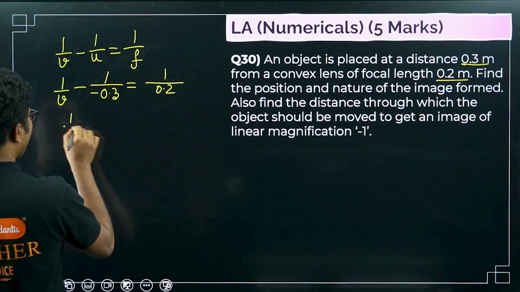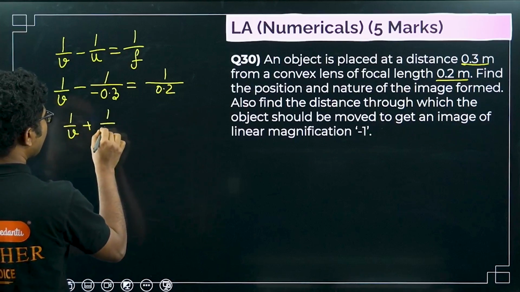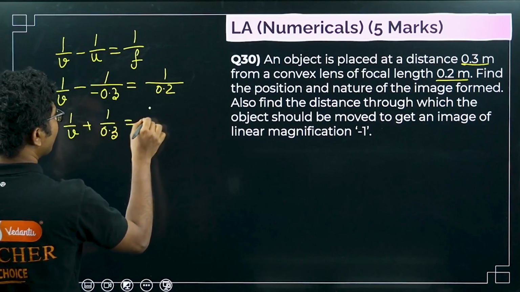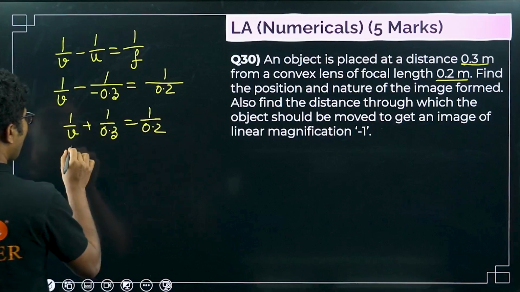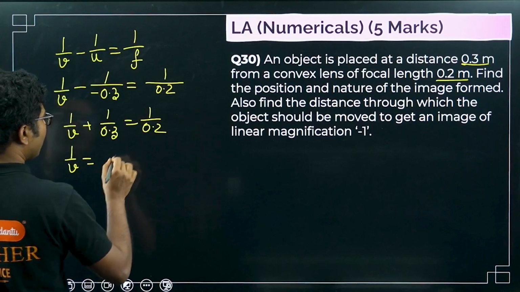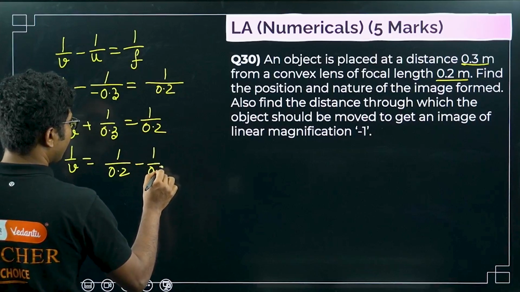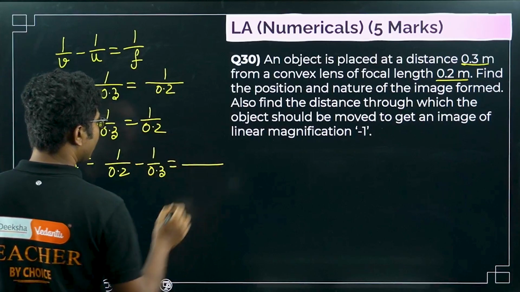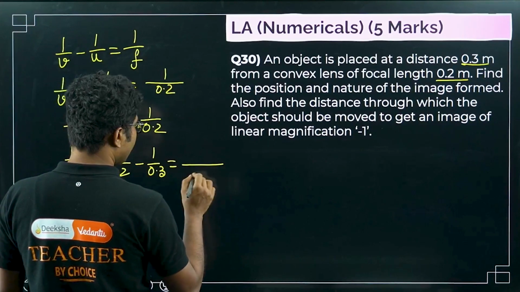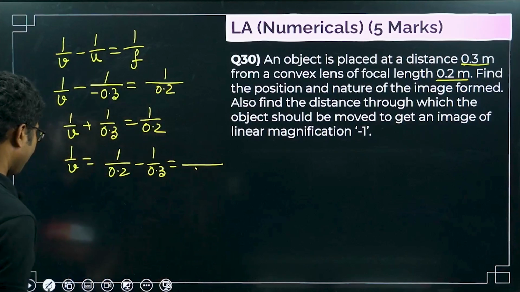Okay, so 1 by v plus 1 by 0.3 equals 1 by 0.2, or 1 by v equals 1 by 0.2 minus 1 by 0.3. Let me do one thing.